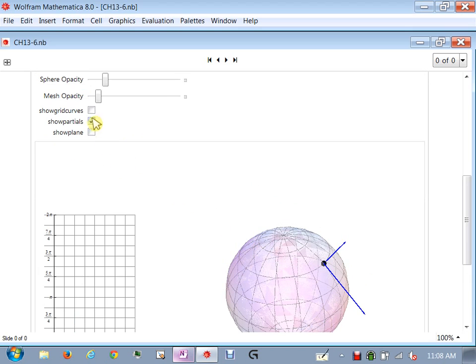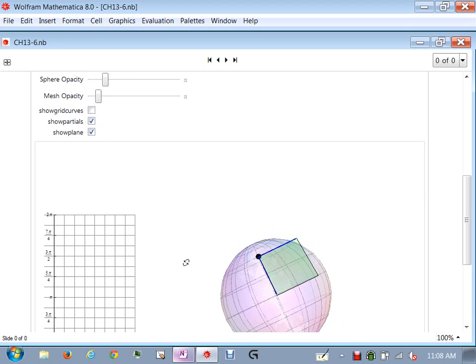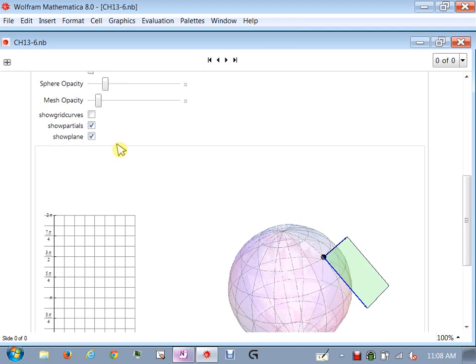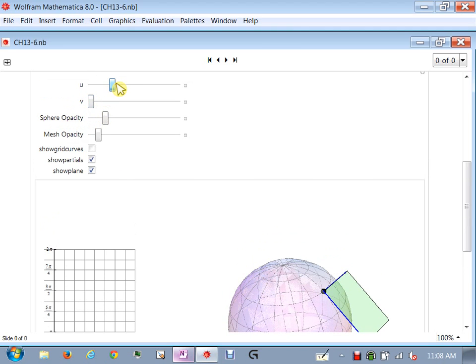From those two vectors, we can create a plane, and then that is our tangent plane. Our plane does depend on where we are, right? If we change our value of u and v, our plane is going to be different. So the equation of our plane should be dependent on the point on the surface, right?